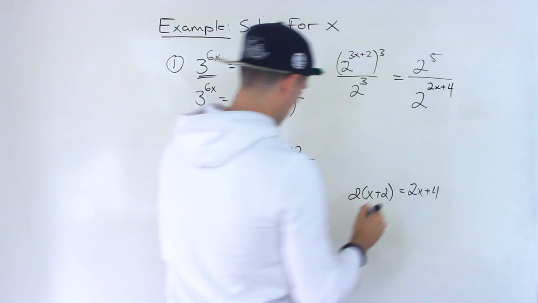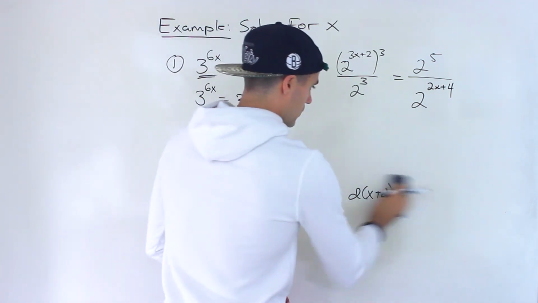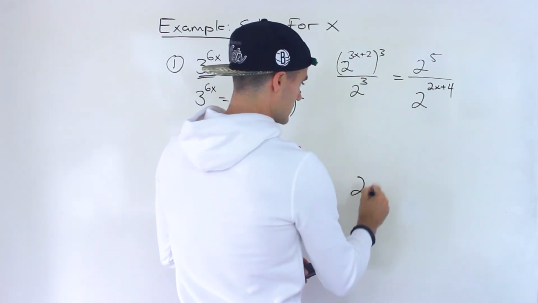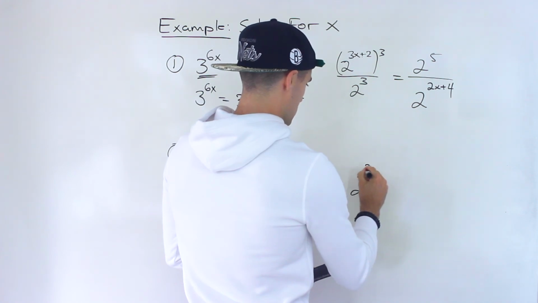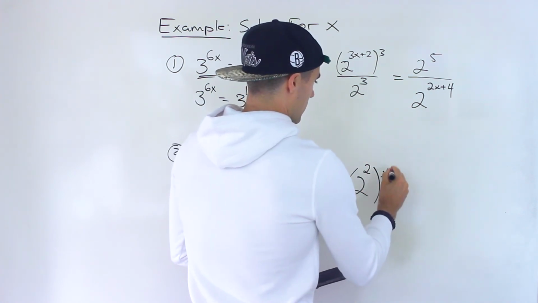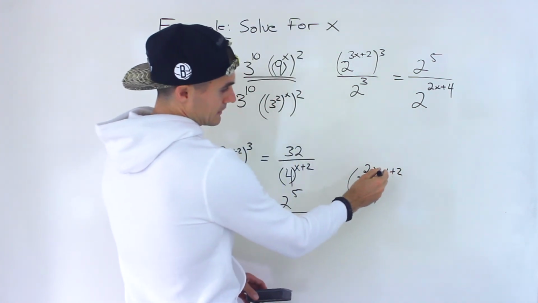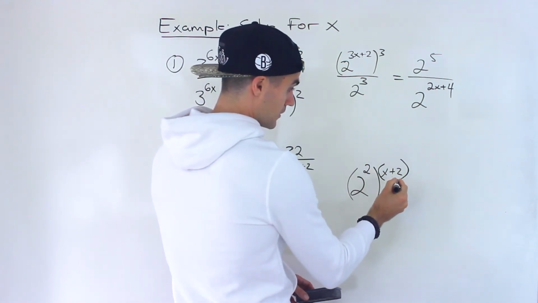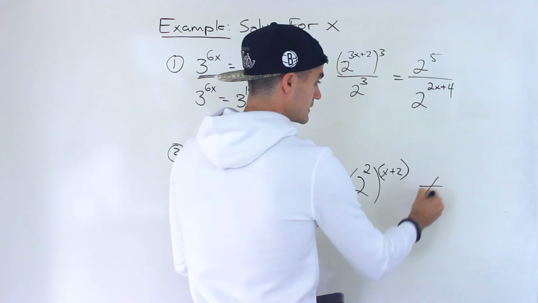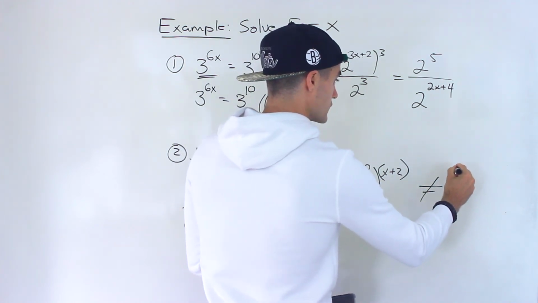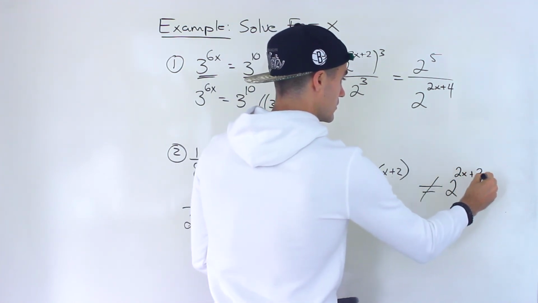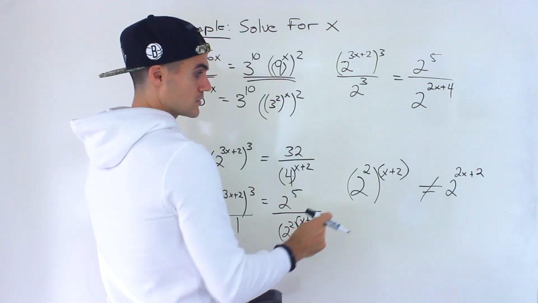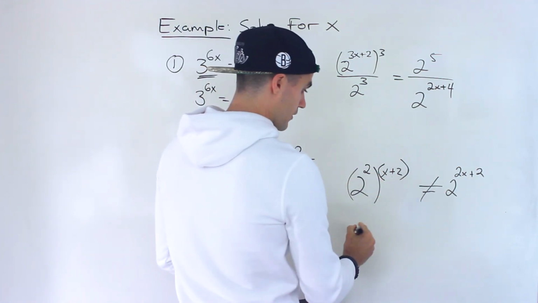Okay, you got to be careful with something like this. If I take this and rewrite it here, we're not just multiplying the x by the 2. Okay, this whole thing is an exponent. So you wouldn't write this as 2 to the power of 2x plus 2. That would be incorrect. You got to take the 2 multiplied by this whole thing.